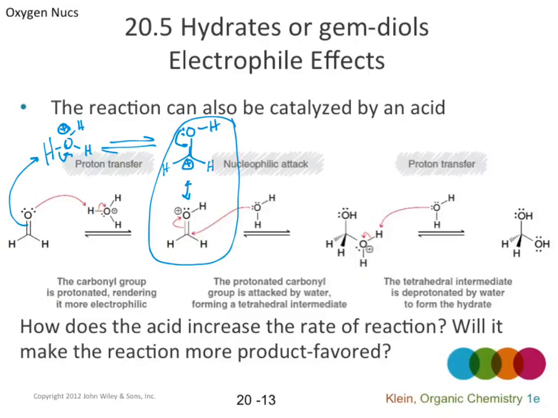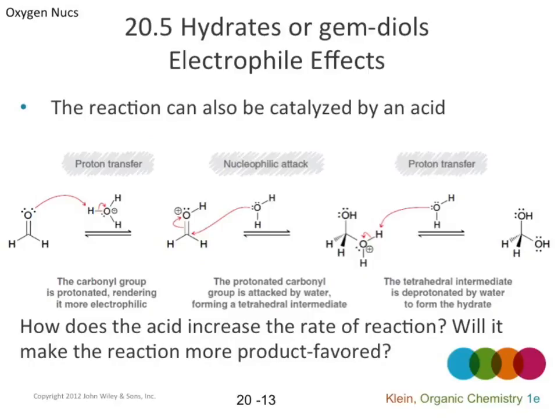We generate, as we saw in our first version of the mechanism, again, our positively charged oxygen. We can go through another acid-base step to go ahead and remove that hydrogen. Okay, and we end up with our final hydrate product. First step. What type of reaction was the first step? Second step.